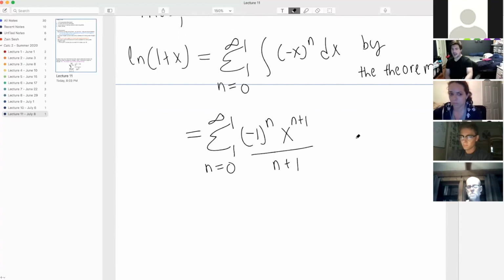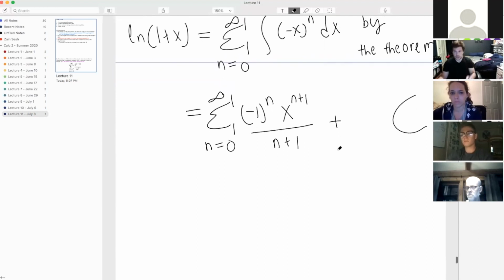Okay, and there will be a plus c outside of the summation. All right, so is everyone okay going from here to here? I just used the power rule of integration. Add 1 to the power, divide by the new power.